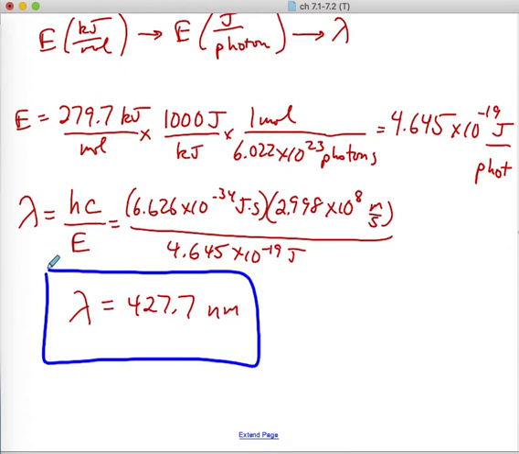So visible light that has a wavelength no bigger than 427.7 nanometers has enough energy to remove an electron from a lithium atom at the surface of lithium metal.